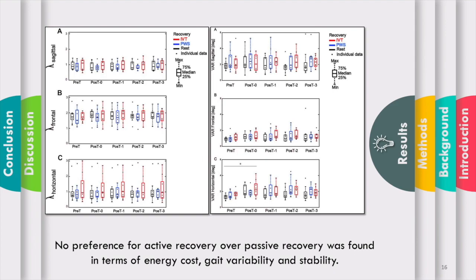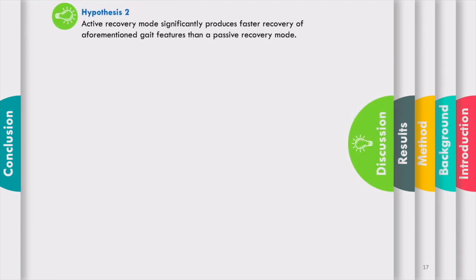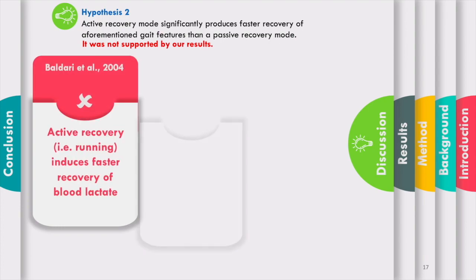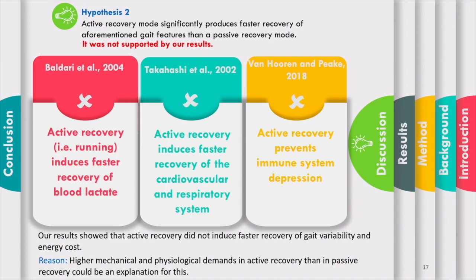Therefore, our second hypothesis, that active recovery modes produce faster recovery than passive recovery, was not supported by our results. Our results are in contrast with previous studies that reported active recovery induces faster recovery of blood lactate and cardiovascular performance. One reason could be the higher mechanical and physiological demands in active recovery than in passive recovery.